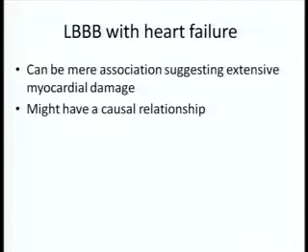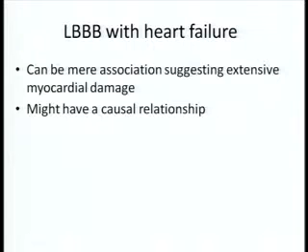Now, left bundle branch block with heart failure can be a mere association, because LBBB also suggests that there is a lot of fibrosis and apoptosis and myocardial damage in the left ventricle. But does it have a causal relationship also? Because in clinical practice, we see that patients first present with LBBB, and then gradually over the years there is cardiomyopathy and heart failure.